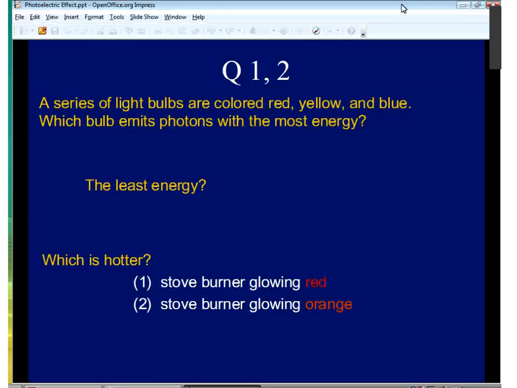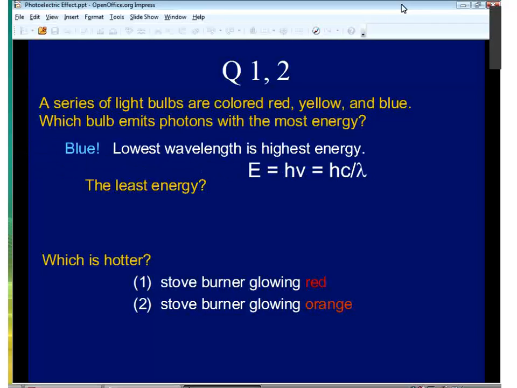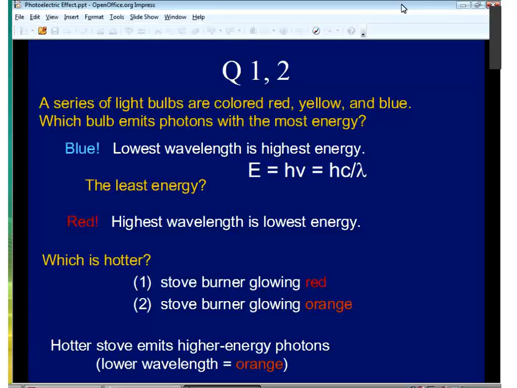Orange should be correct. Any questions regarding these? Let me know.